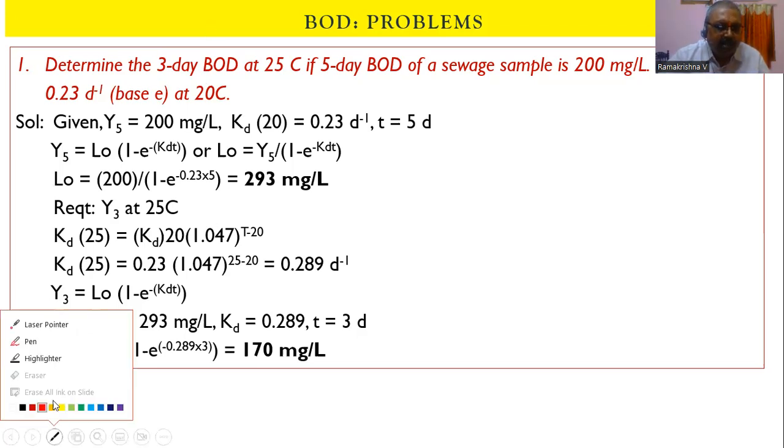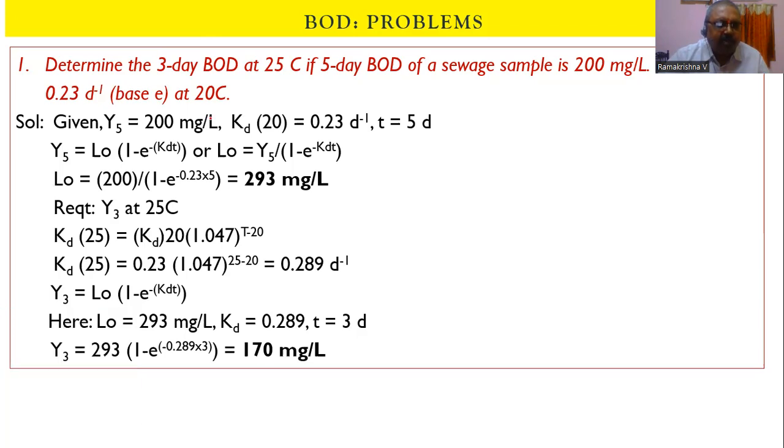Determine the 3-day BOD at 25 centigrade if the 5-day BOD of a sewage sample is 200 milligram per liter. Assume KD is equal to 0.23 per day with base e at 20 centigrade.